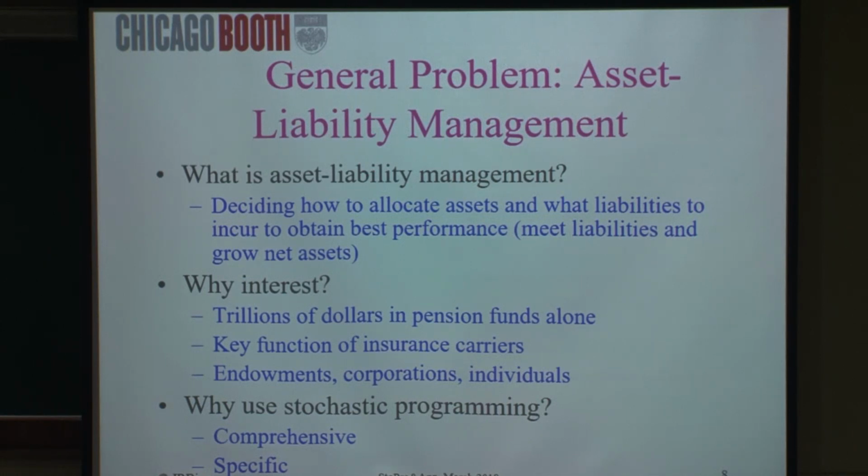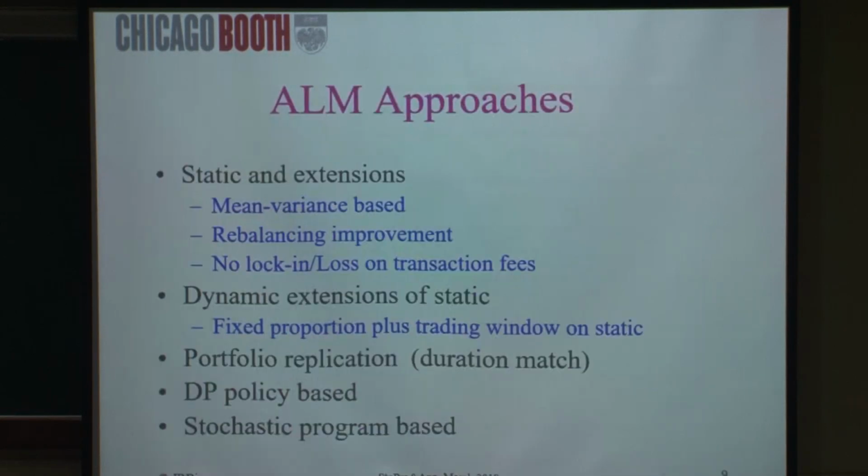And the other thing is it can capture all sorts of specific things like transaction costs. So traditional models are like this mean variance where you just take the mean and then subtract off something related to the variance.